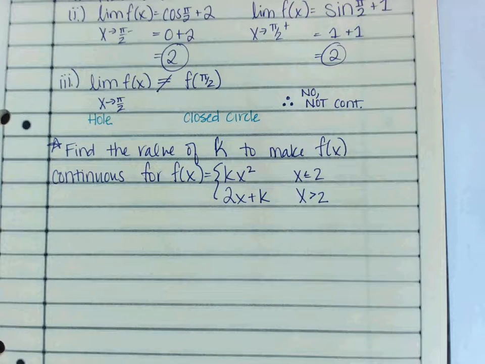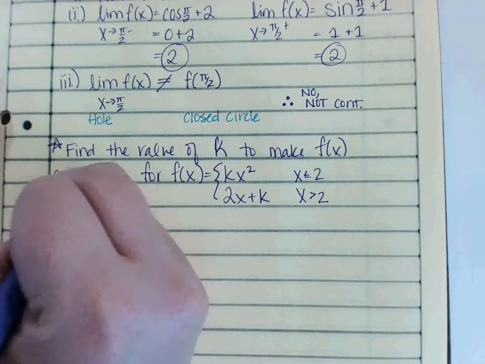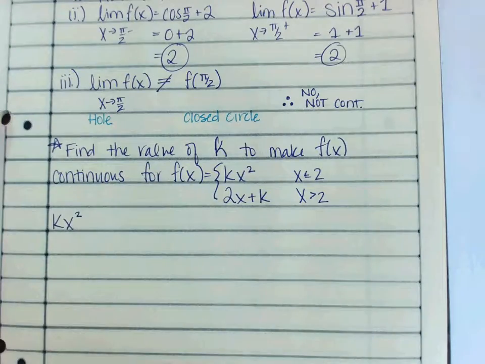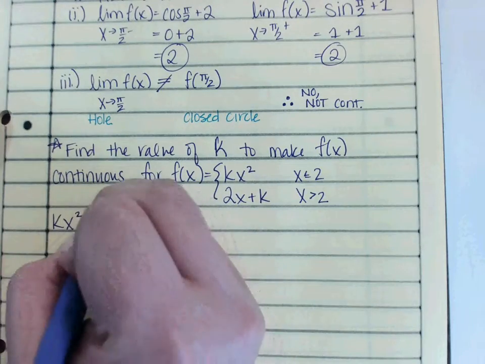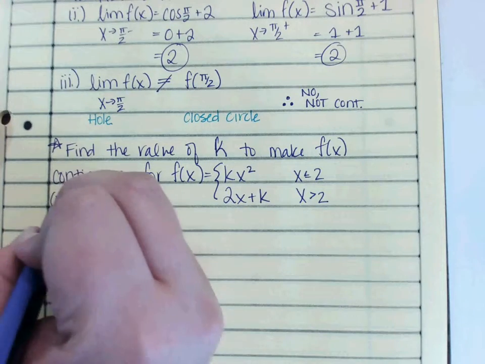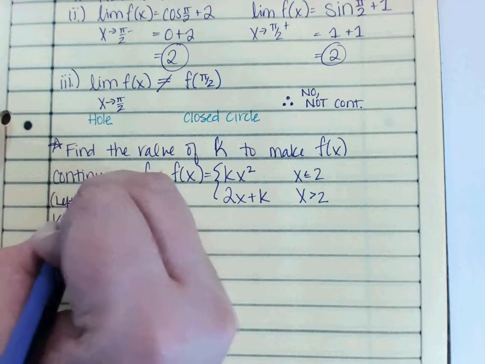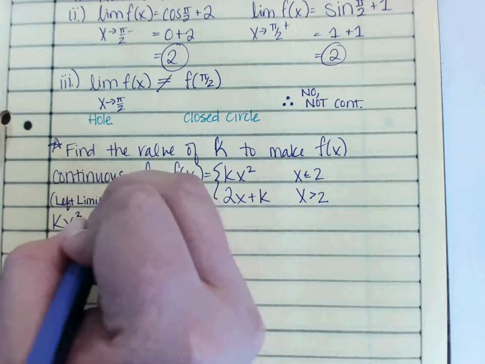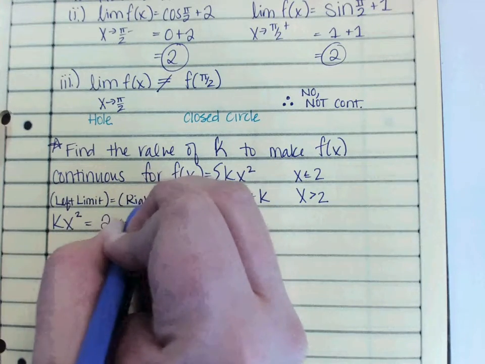Okay? So, let's do it. You would have kx squared, that's my left limit, needs to be equal to 2x plus k, that's my right limit, so we'll say left limit equal to right limit.